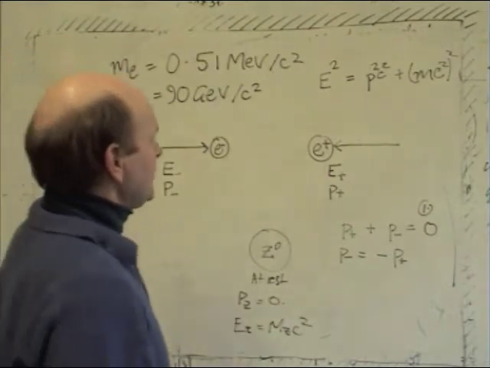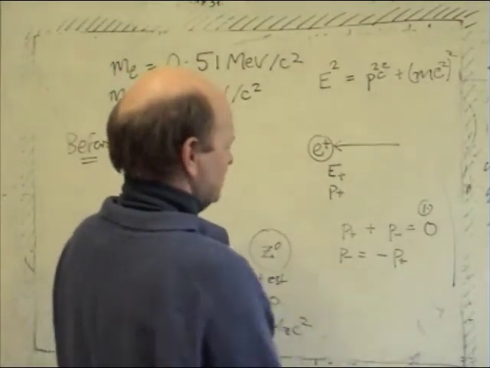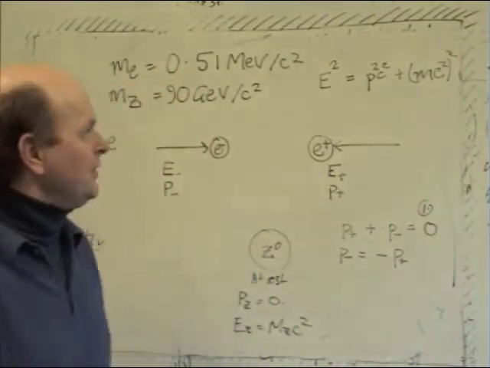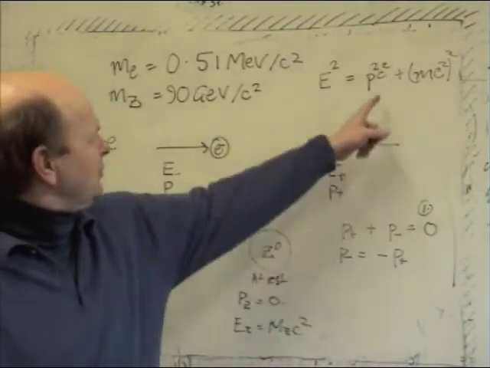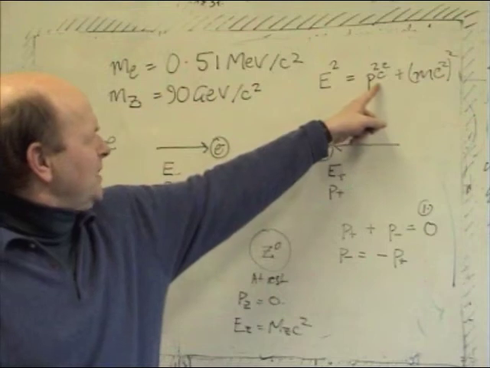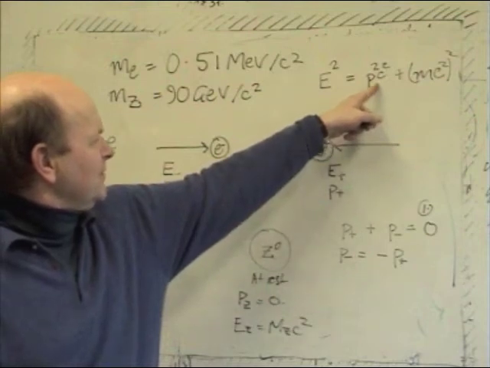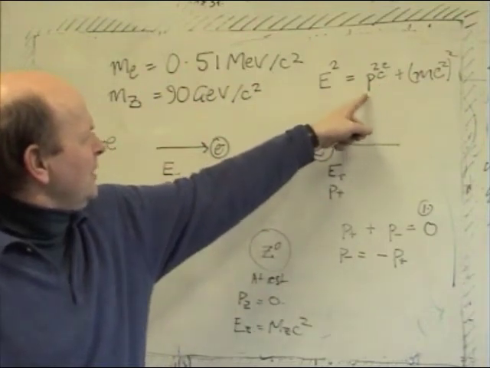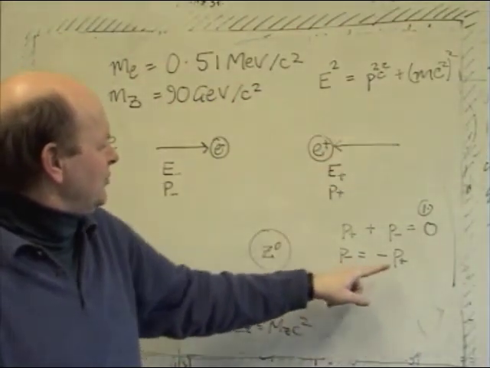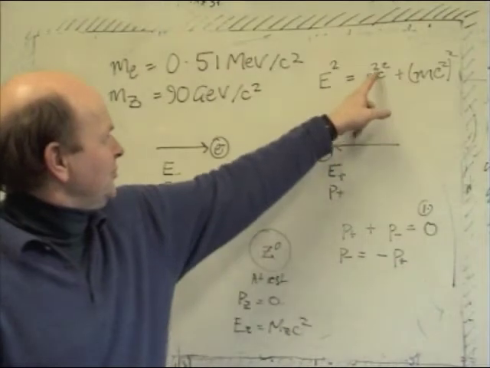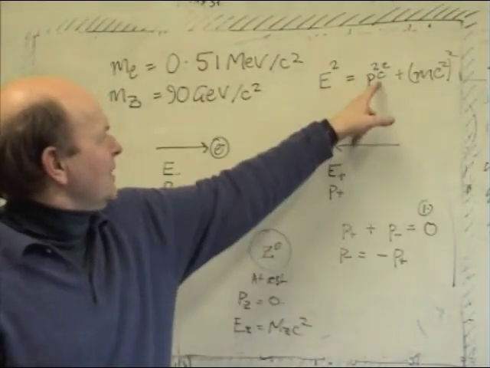Now in this case, P minus and P plus only differ by a sign. So if you plug either P minus or P plus into this equation, P squared comes out the same, right? Which means that the first term on the right of the equals sign is the same for both the electron and the positron, because you square it and get rid of the minus sign.